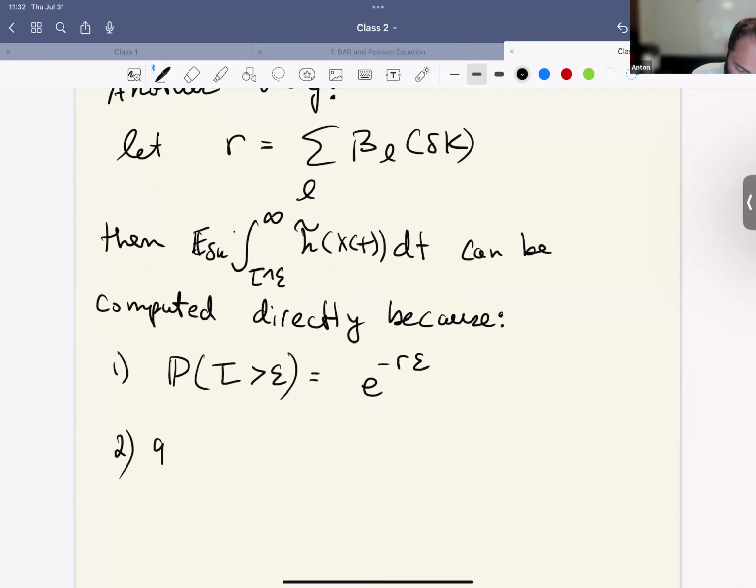Now, given the jump time happens before, we know that the value of x at the jump time, sorry, the h shouldn't be there, has a known distribution.